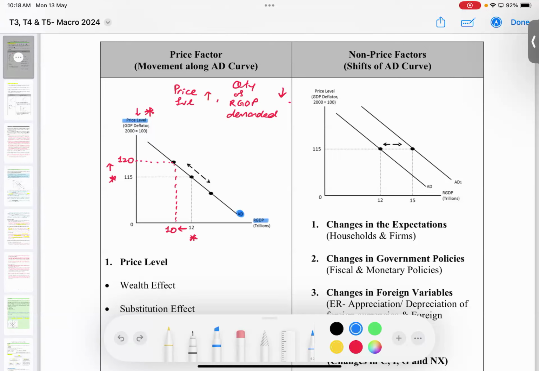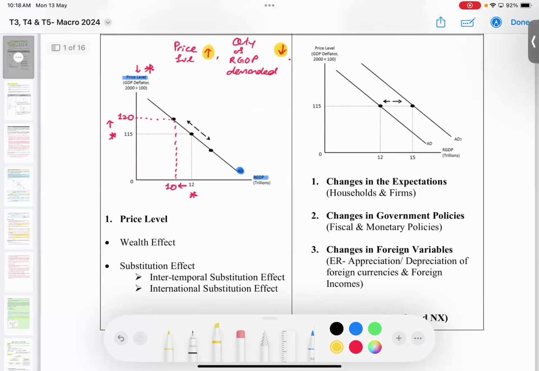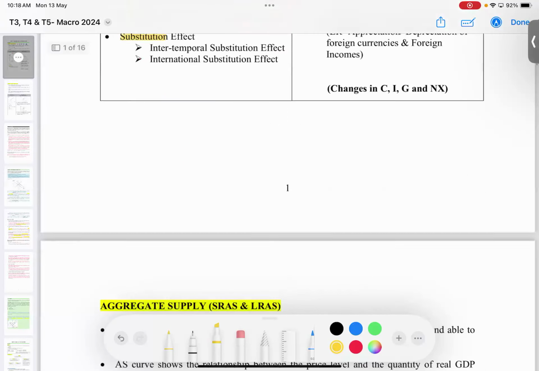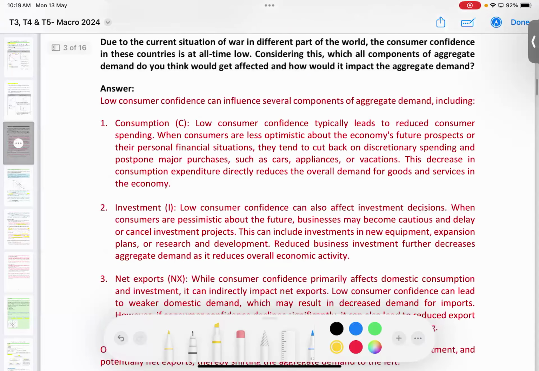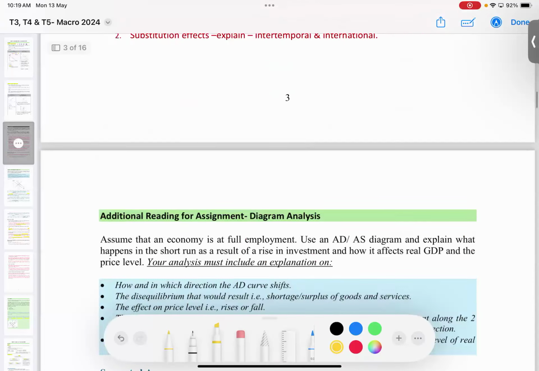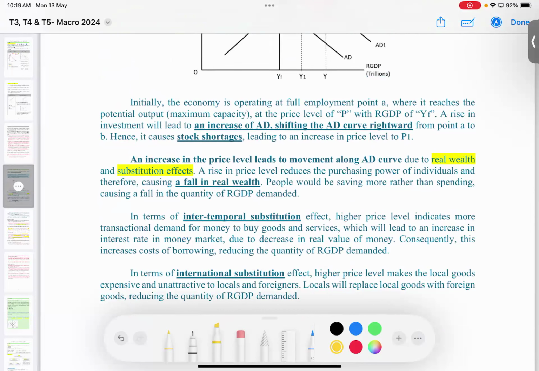Now, how do you explain this kind of inverse relationship? We are going to use 2 effects to explain this relationship. One is the wealth effect and another one is the substitution effect. Wealth effect means that, and later I have put this into sentences in your answers here, when the price level becomes higher, when things become more expensive, it reduces your purchasing power.